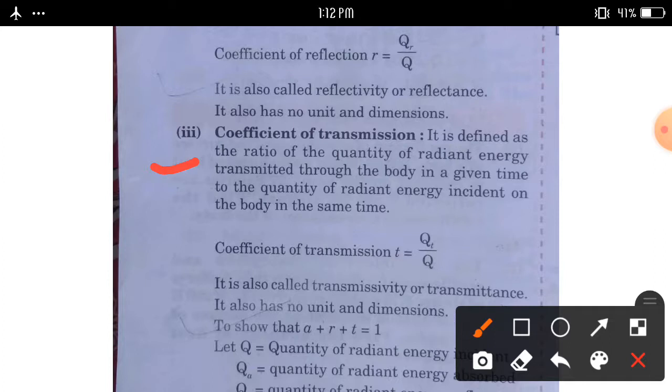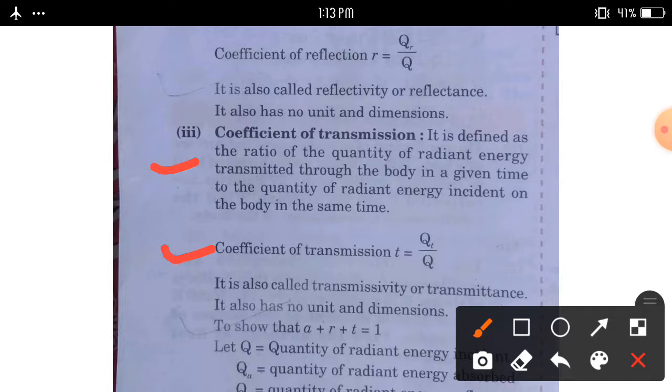Here the coefficient of transmission is denoted by small t, and Q suffix t is the quantity of radiated energy transmitted through the body in a given time, and Q is the quantity of radiated energy incident on the body in the same time. Then the coefficient of transmission t is equal to Q suffix t upon Q.